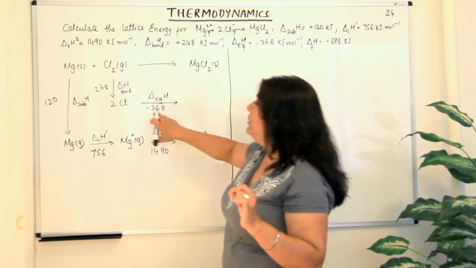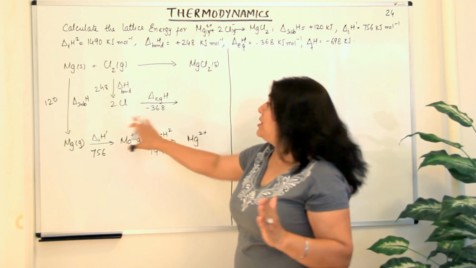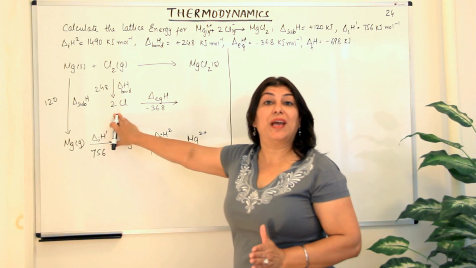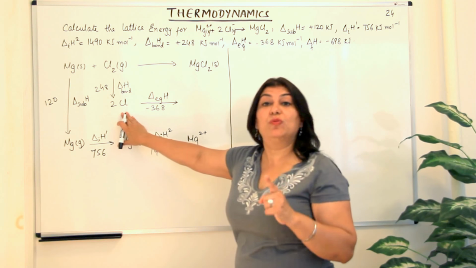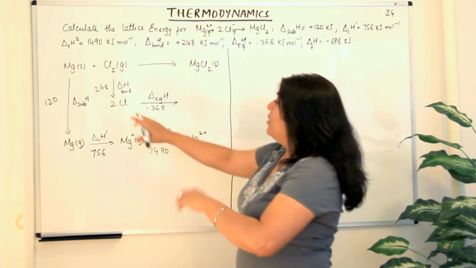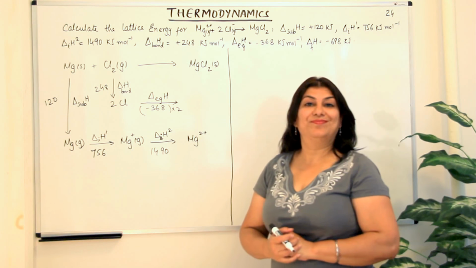So for 1 mole, the value is given in these many kilojoules per mole. But how many moles of chlorine atoms do we have? We have 2 moles. And since we have 2 moles of chlorine atoms, we'll have to multiply this heat by 2.